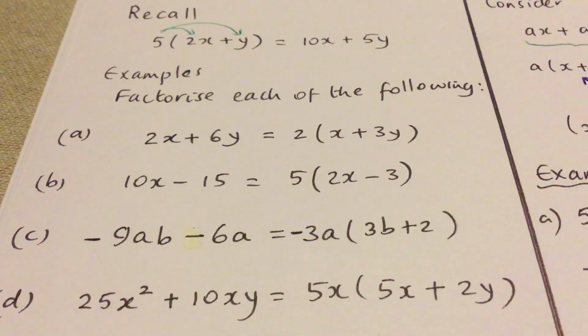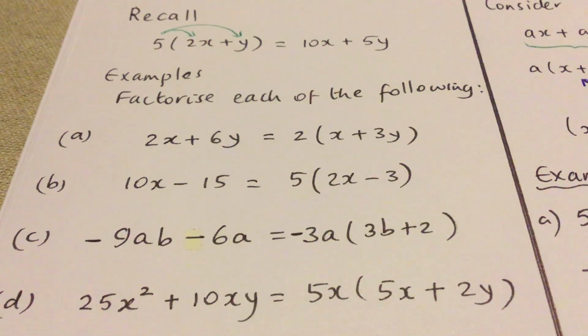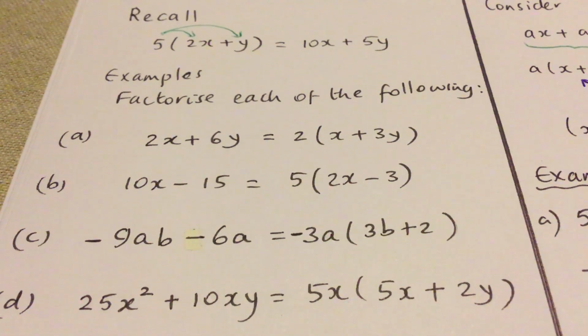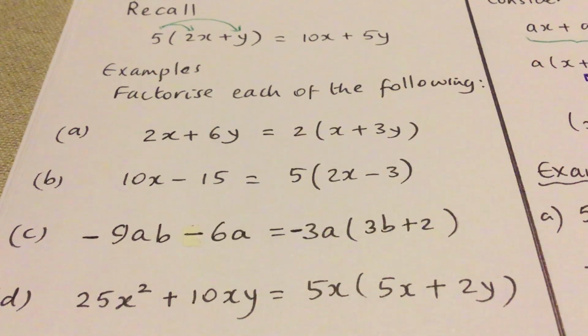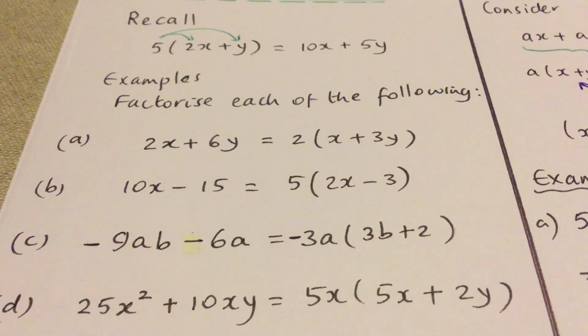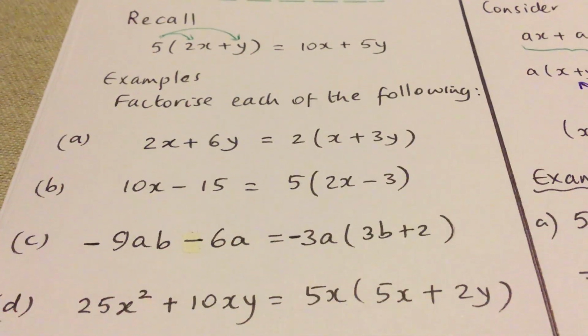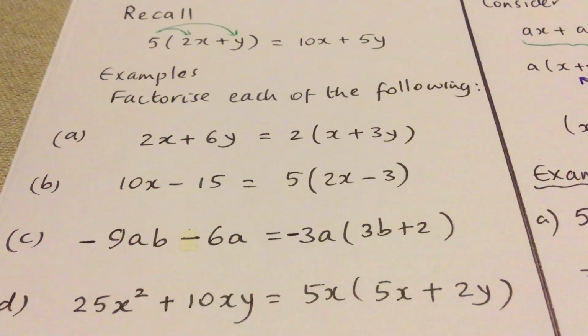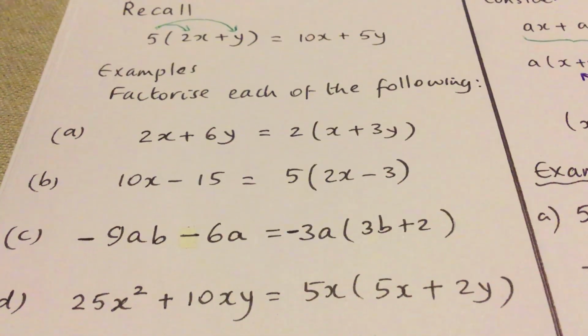And then again you ask the question, 5x times what will give me 25x squared? That should be 5x. And 5x times what will give me 10xy? 5 times 2 will give me 10, and x times y will give me xy, so it's 2y.